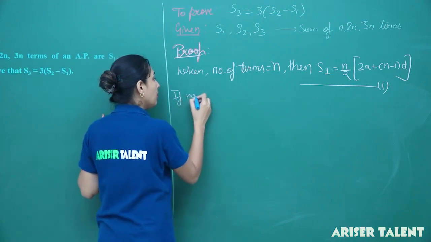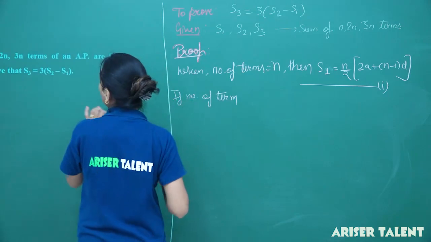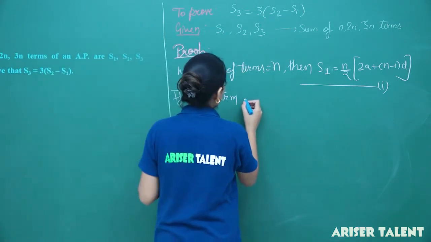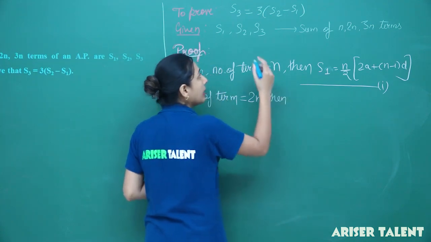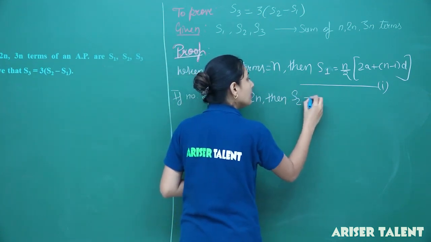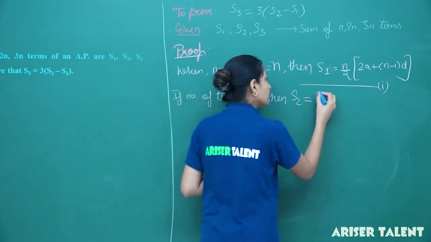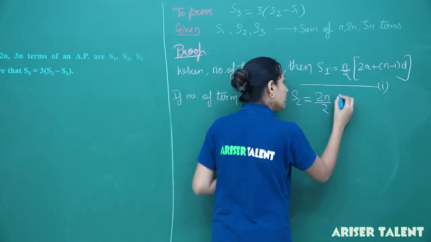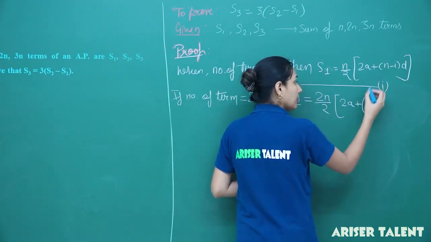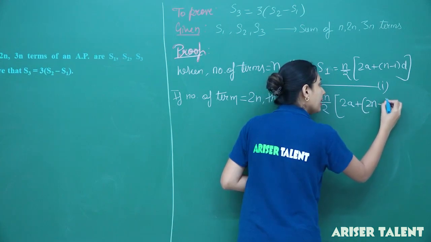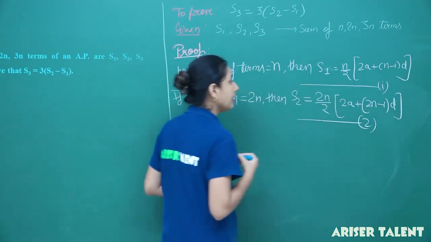If the number of terms equals 2n, then the sum is S2. N will be replaced by 2n, right students? So S2 equals 2n by 2 times (2a plus (2n minus 1) d). This is our equation 2.